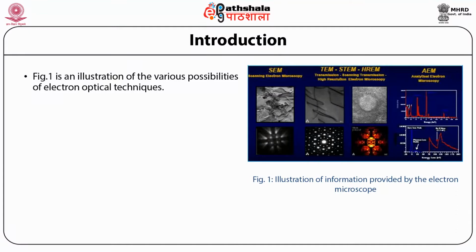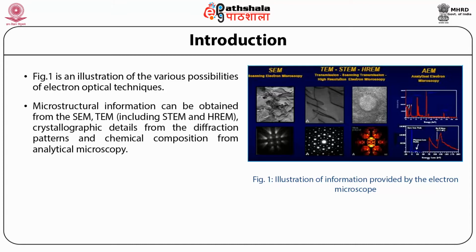Students, figure 1 is an illustration of the various possibilities of electron optical techniques. Microstructural information can be obtained from the SEM, TEM, which includes STEM and HREM, the crystallographic details from the diffraction patterns, and chemical composition from analytical microscopy.